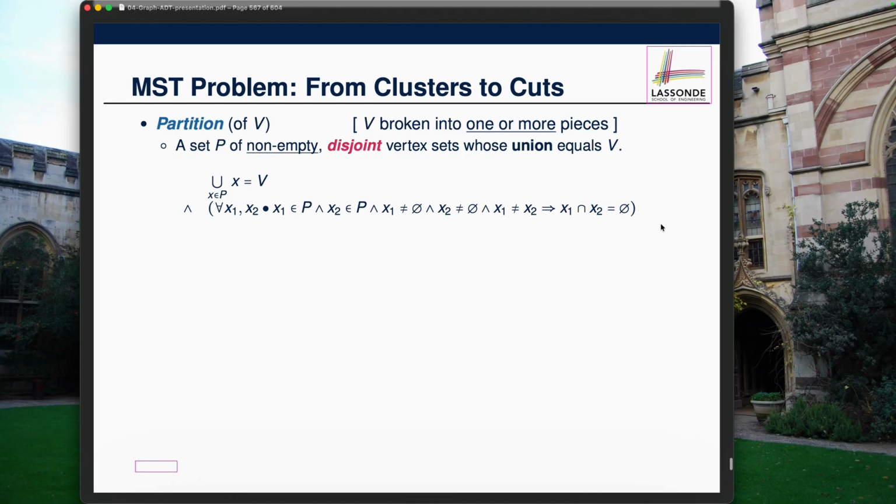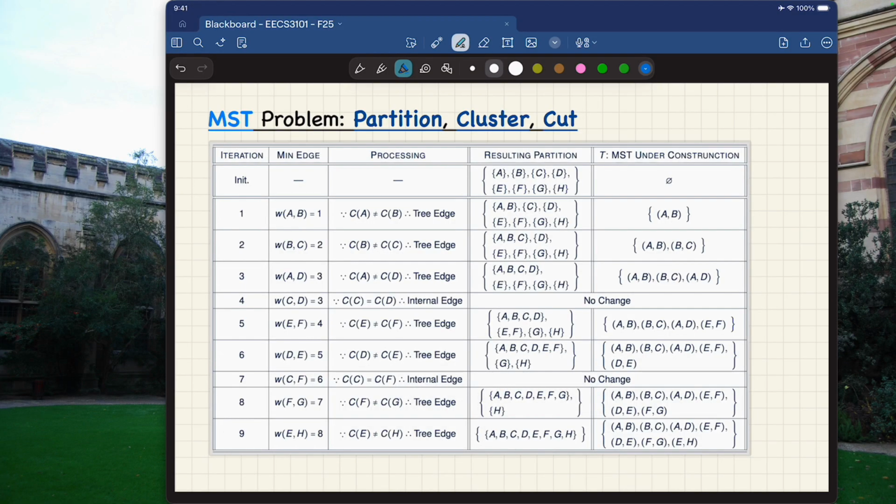Okay, so let's talk about partition very quickly. Let's see the definition first. By definition, a partition is a set of sets. Or put it another way, it's a set, and every member in the set is also a set.